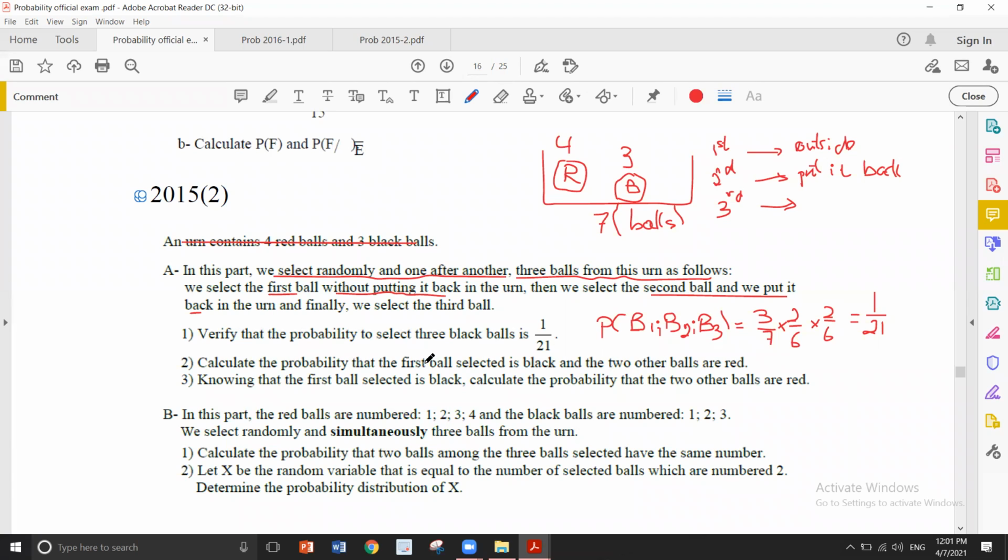Part 2. Calculate the probability that the first ball selected is black and the 2 others are red. The first is black, the second is red, the third is red.